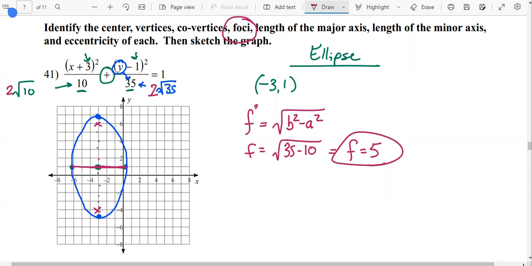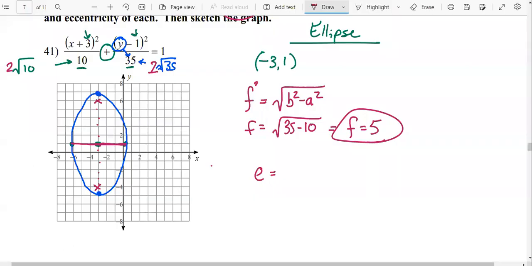And that's really all we need to know. Oh, eccentricity. The eccentricity, you just take that focal length of 5 and you divide it by the length of a or b, the bigger number here, which is the square root of 35.